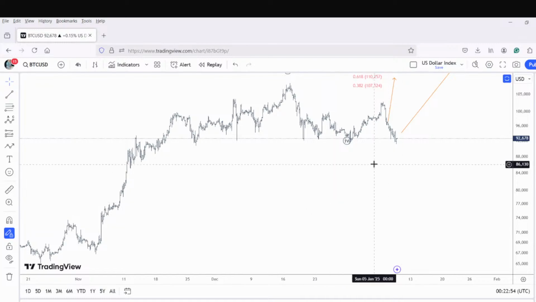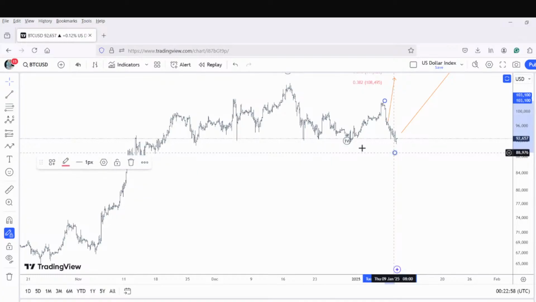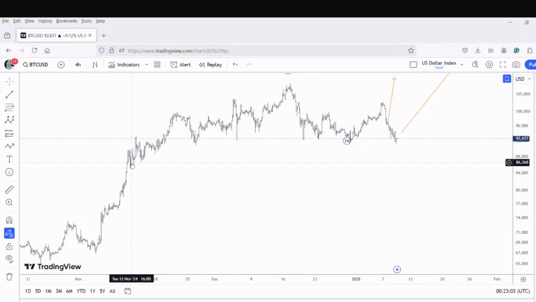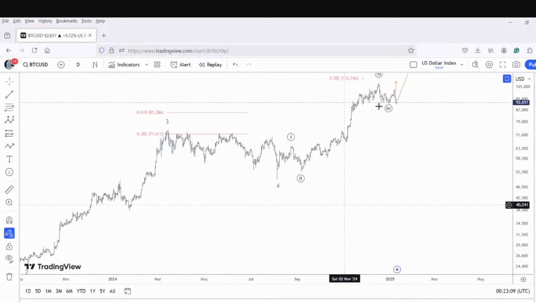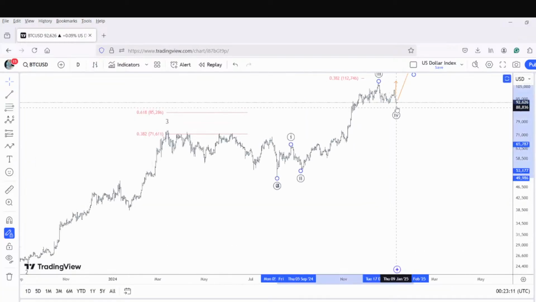It looks like a neat... So this minute wave 4 is okay. I just moved the Fibonacci, kindly excuse. Let's go on a daily chart quickly and adjust. Okay, that's minute wave 4.